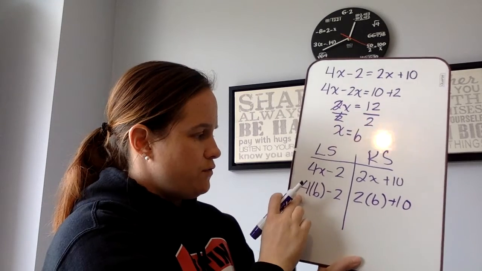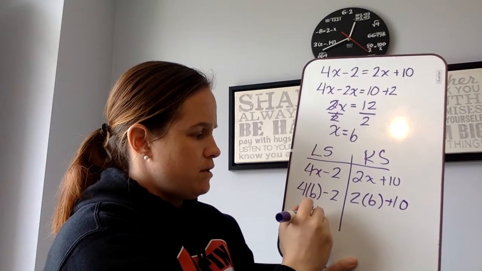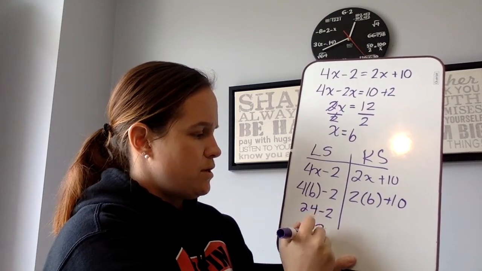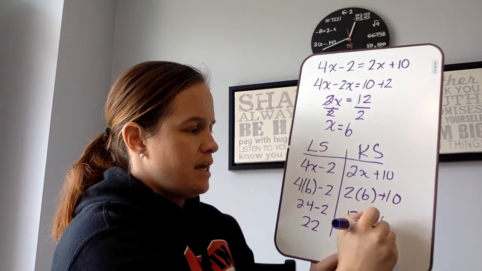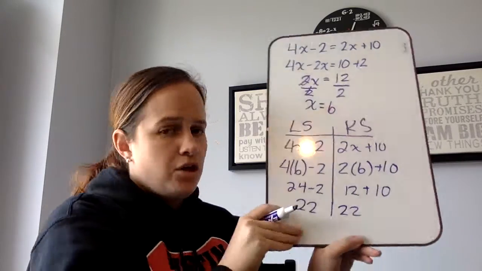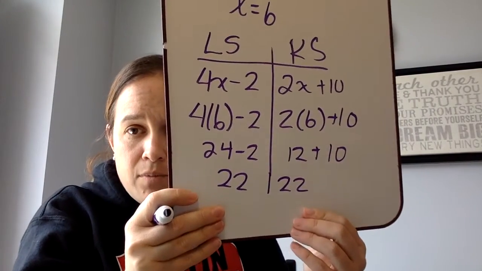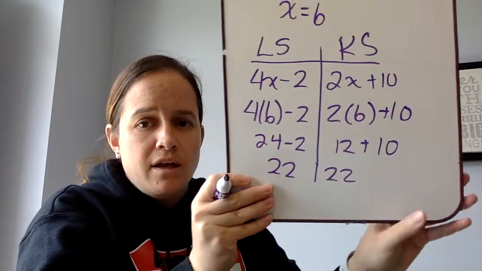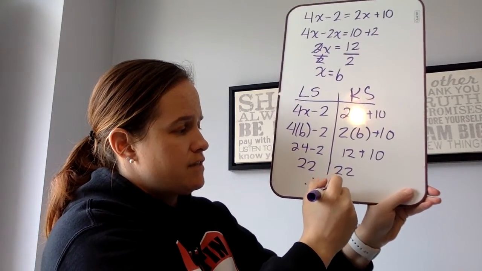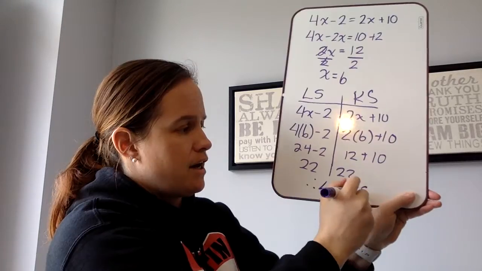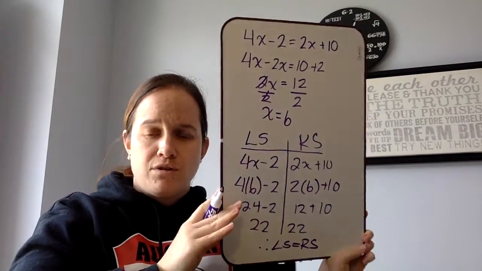Then you solve. 4 times 6 is 24, minus 2 is 22. 6 times 2 is 12, plus 10 is 22. You should get the same number on both sides of your check. Then at the end, you say, therefore, left side equals right side. You have confirmed your solution.